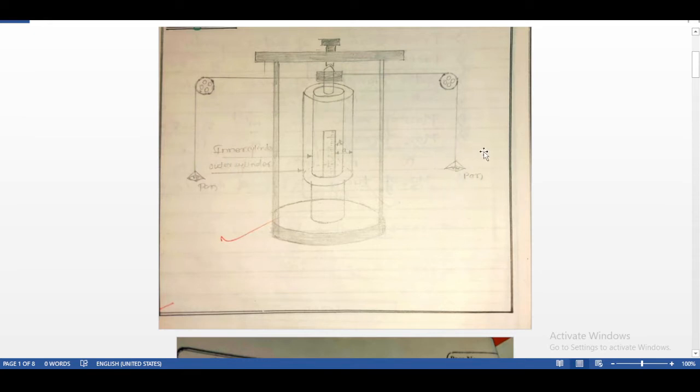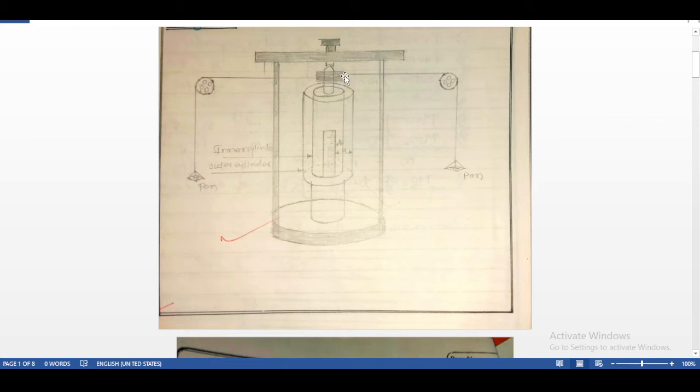We have to take the mass of the pan as well as the weight put in the pan while performing the experiment or doing the calculations. In between these two is the space filled with viscous liquid, glycerin. A scale bar is already provided with this instrument in order to note down the height of the liquid.